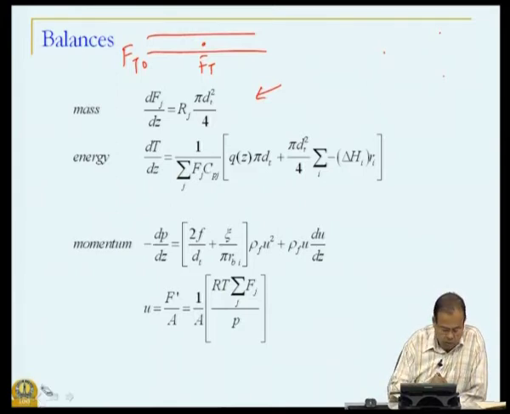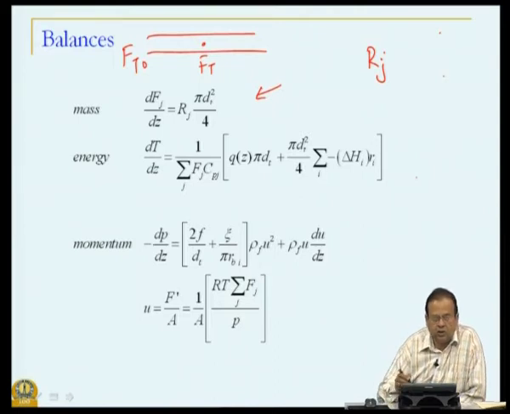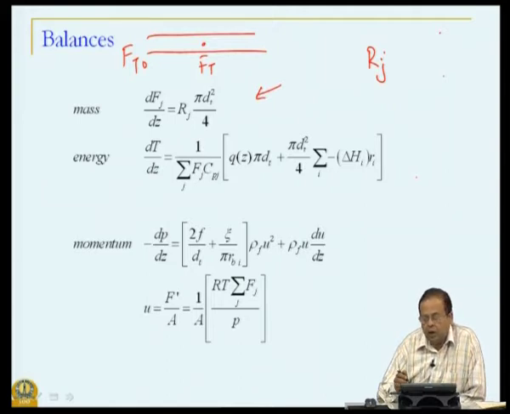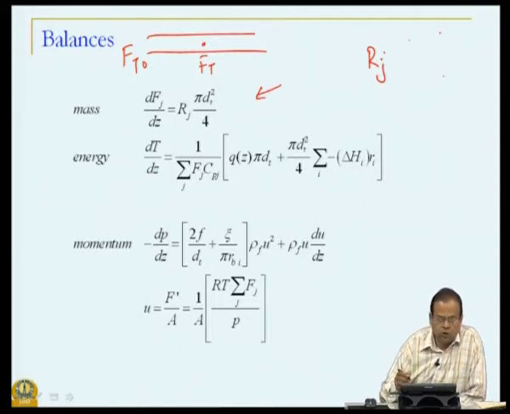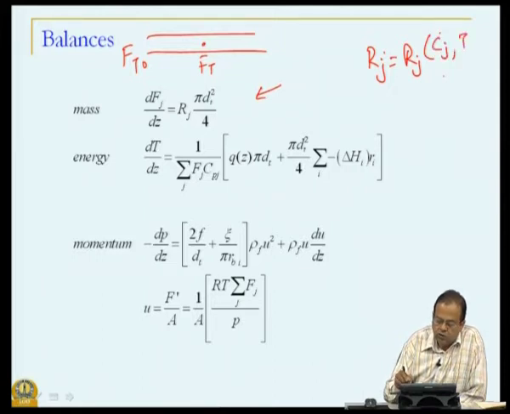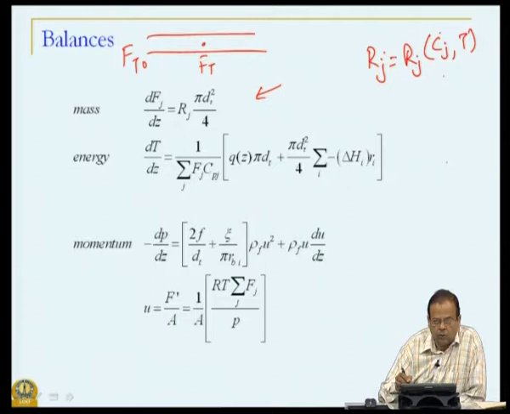Rj is a function of concentration, that is the reaction rate for the jth species. First of all, what are jth species? We list out all the species that are there, for example, ethane, ethylene, hydrogen, butane, methane and so on. So, those are the species. Rj is the rate of change of species j in all the reactions, and this is a function of concentration, temperature and so on. What is concentration?